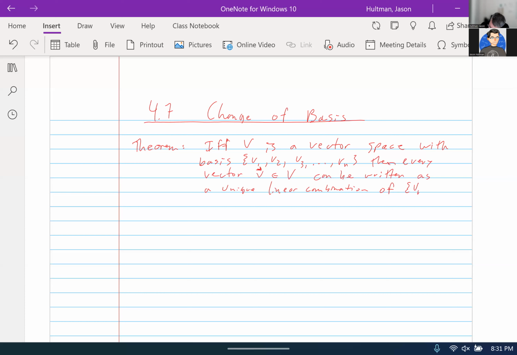We'll just put V1, V2, Vn. So basically it's saying we can use these basis vectors to create all the other vectors in the vector space.